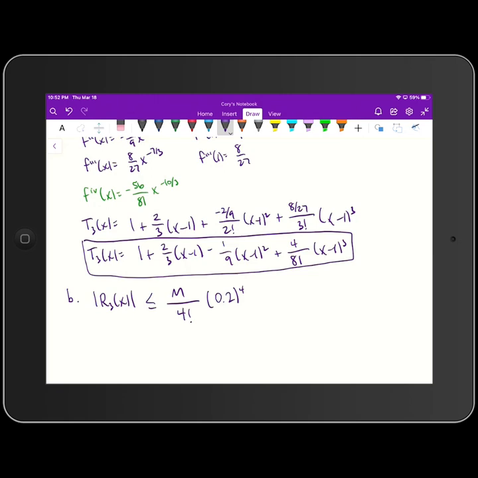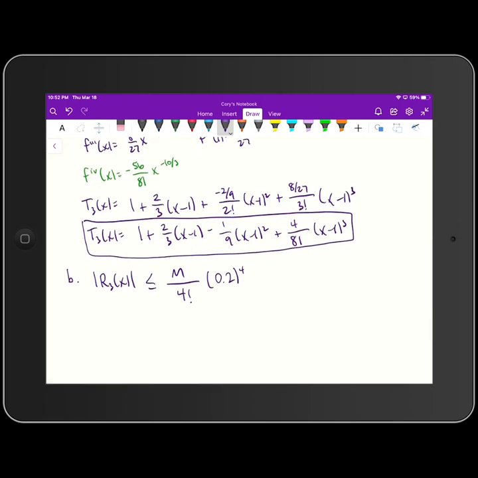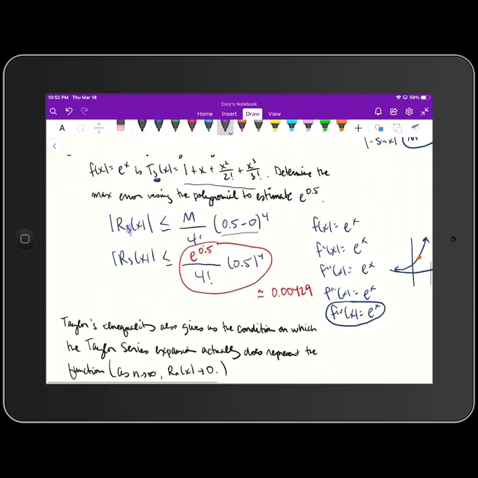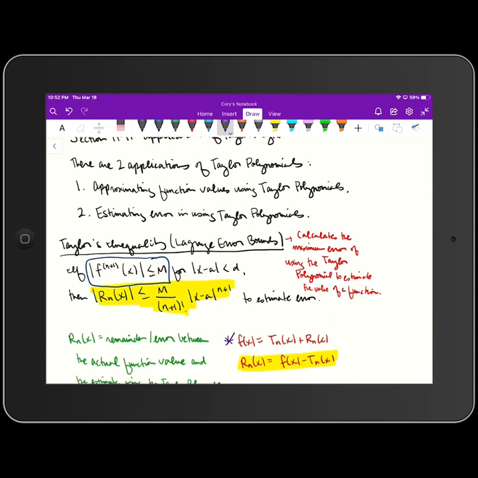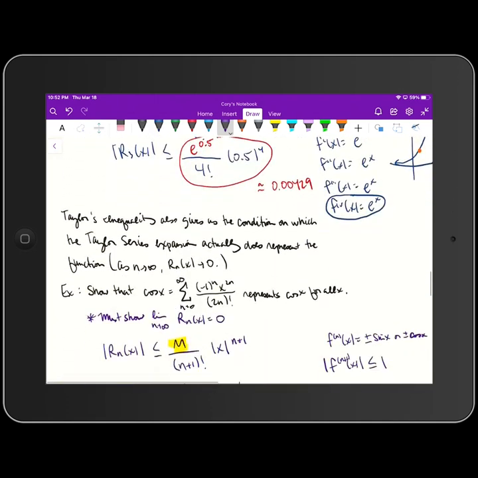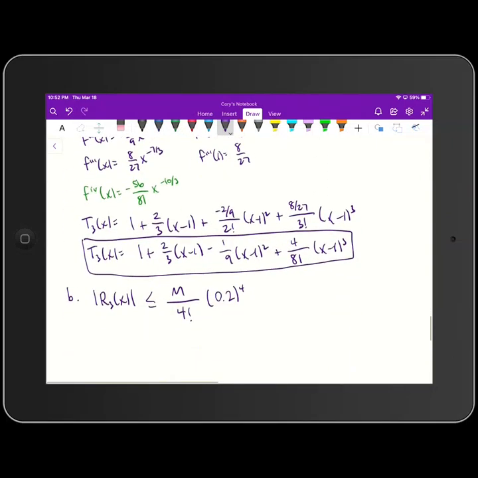So what we want to do to calculate m is, let's go back up here. We said that when we take the absolute value of the n plus 1 derivative, we want that to be less than or equal to m. So we want m to be the maximum value of the absolute value of the n plus 1 derivative.